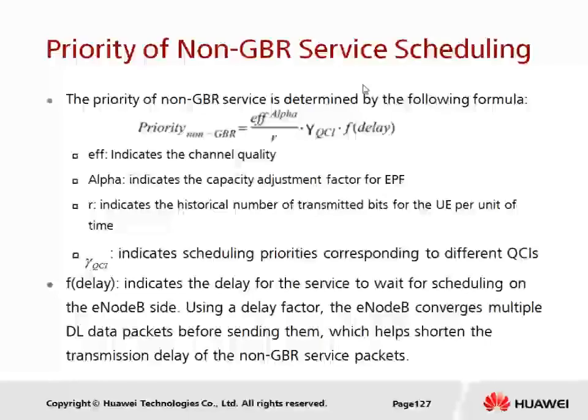As compared to non-GBR service scheduling. For non-GBR service scheduling, we do not really guarantee the minimum bit rate of this service. So the priority of this bearer is determined by the CQI again, which is reported by the user, raised to the power of the capacity adjustment factor, alpha.